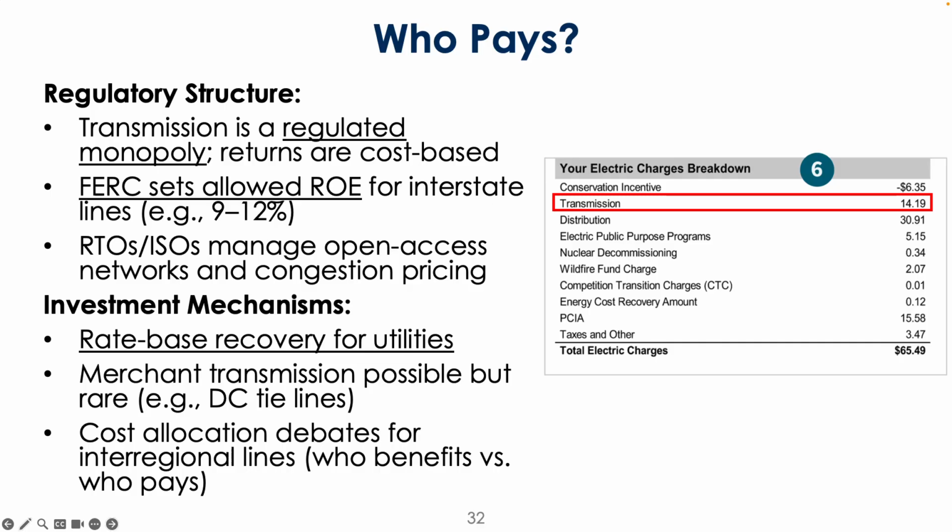So the utilities spend money to build out this infrastructure, and then that causes everyone's electricity rates to go up as they recover the investments on that transmission, and they spread out those costs to all of their customers. There is some transmission that is owned not by a utility, but by a merchant operator, but that's a little bit rarer.